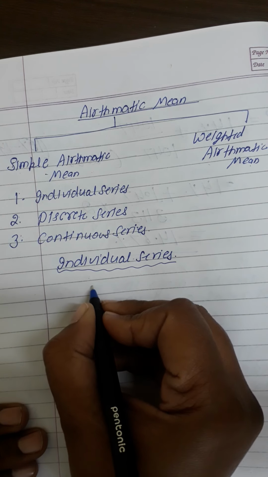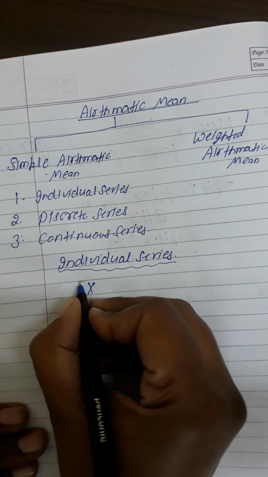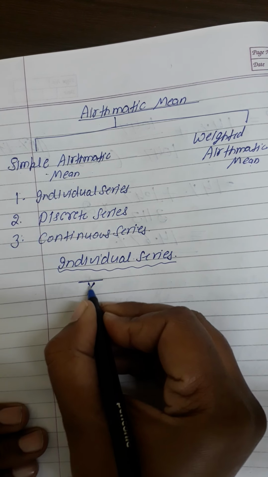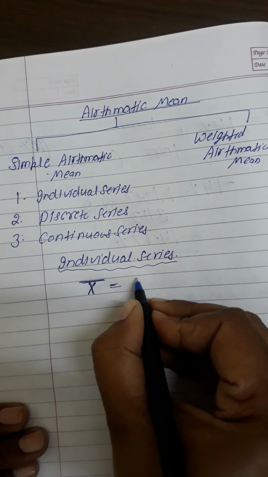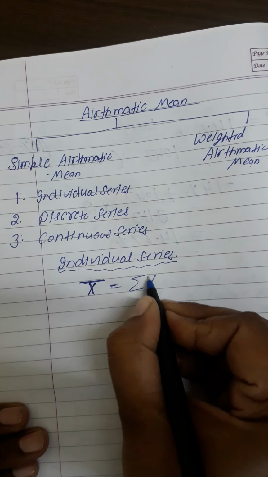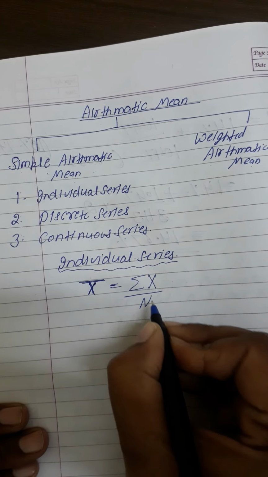To calculate arithmetic mean, the formula is, this is the sign of arithmetic mean. X bar is the sign of arithmetic mean and the formula of arithmetic mean is summation x upon n.